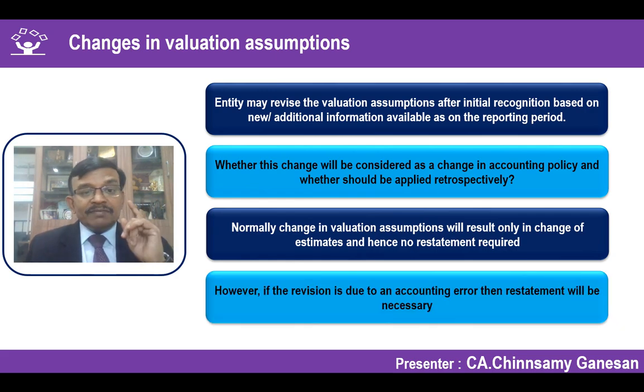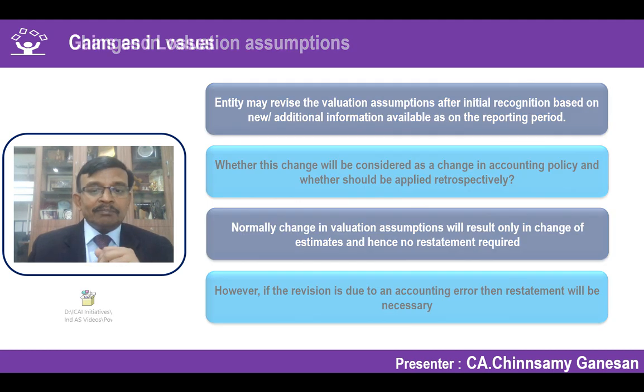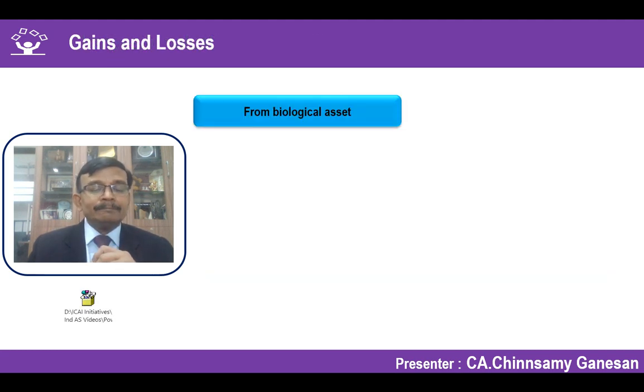But if there is an error in the previous year in making that estimate, if you recollect Ind AS 8, it says that the accounting for errors of the prior period should be a restatement of the prior periods as well. So except in that case, it will be on a prospective basis, read with Ind AS 8.